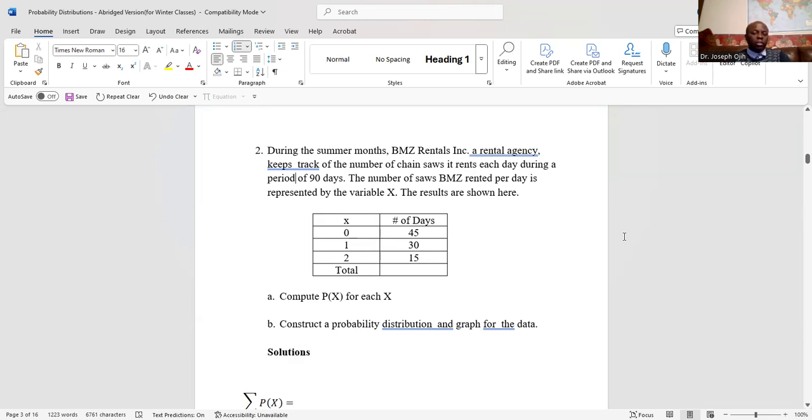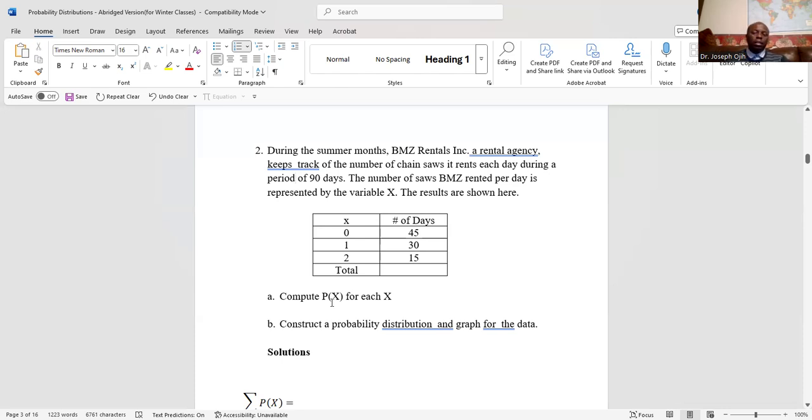The number of chainsaws rented per day is represented by the variable X. The results are shown here: 0 chainsaws on 45 days, 1 on 30 days, 3 on 15 days. Compute P(X) for X. P(X) means the probability of X. Then it says construct a probability distribution and graph the data.